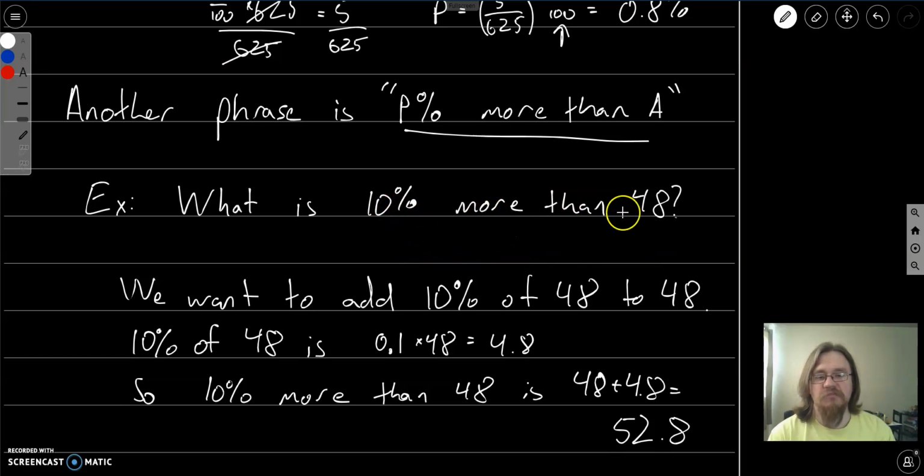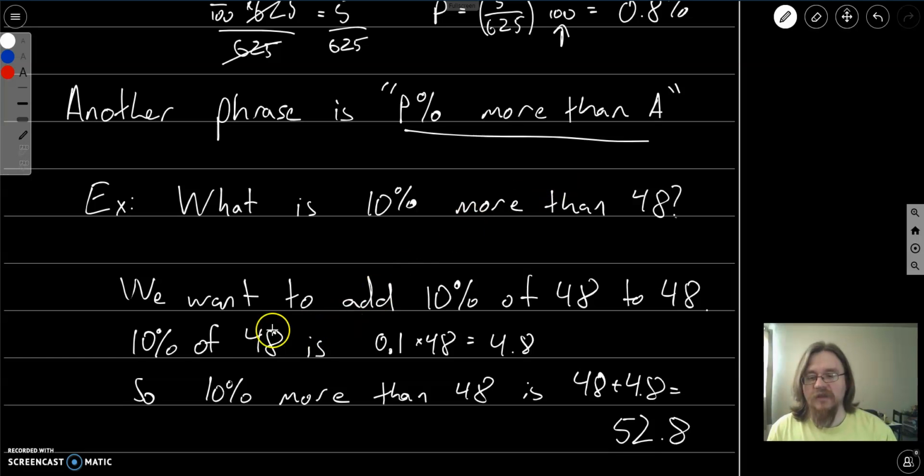So 10% more than 48. What does this mean? Well, it would mean that we'll take 48 and we want to add 10% of it. So we want to take 10% of 48 and then add it to 48. So we have 48 and then we want to increase it a little bit. How much? By 10%.